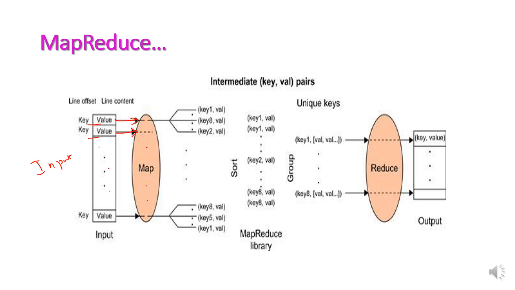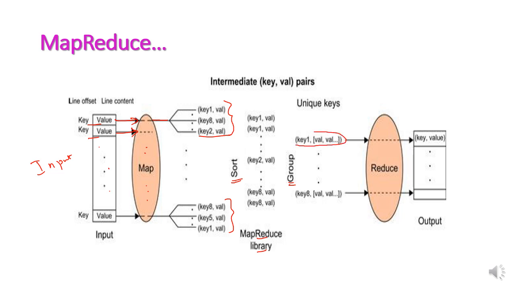So in a cluster we are having many map functions. Those will be executed simultaneously, and each map function will produce a set of key value pairs. Hence we are having many key value pairs, and those key value pairs will be sorted and grouped by the MapReduce library.